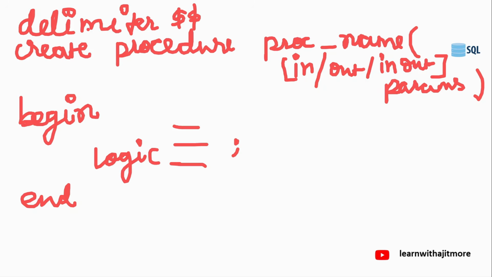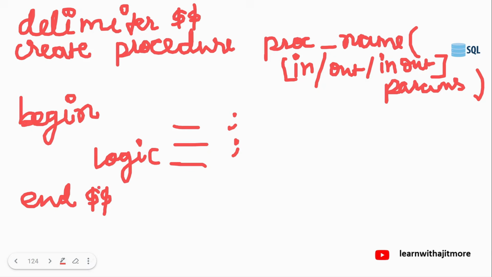When I give delimiter dollar dollar, it informs MySQL that until dollar dollar comes, please don't complete the statement. The statement will be over only when dollar dollar comes. Now I'm writing the procedure. Inside there are many statements, with semicolons coming many times, but it will consider the end only when dollar dollar comes, which I'll put here now: END dollar dollar.